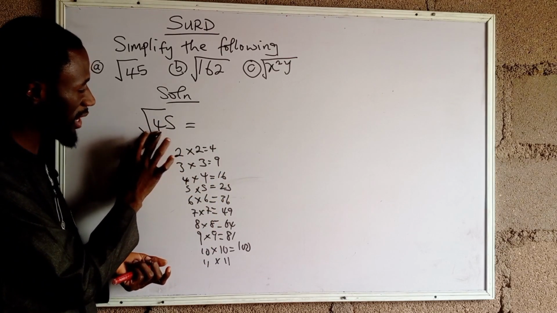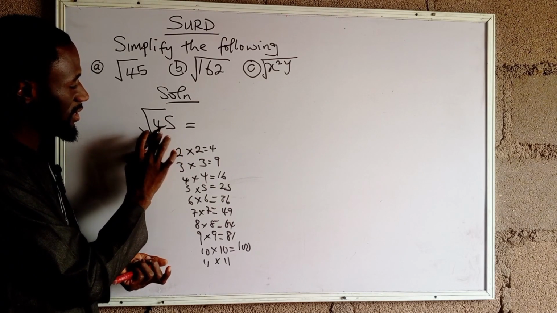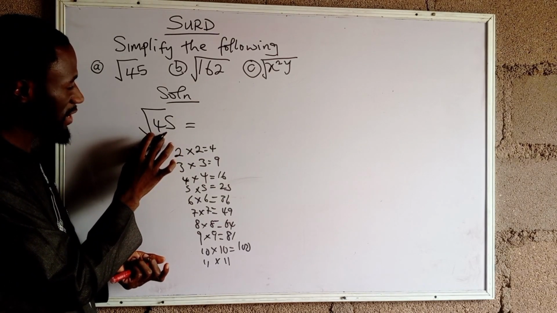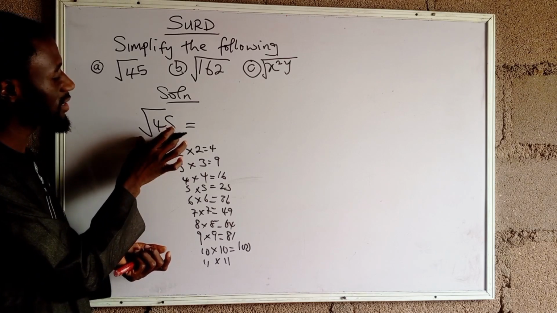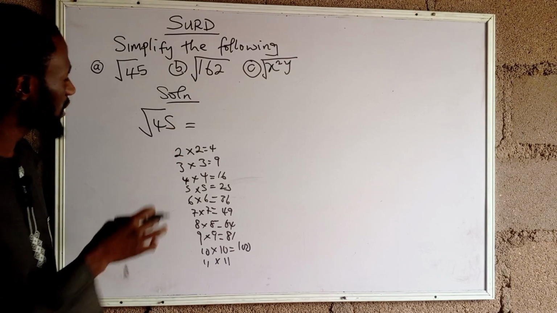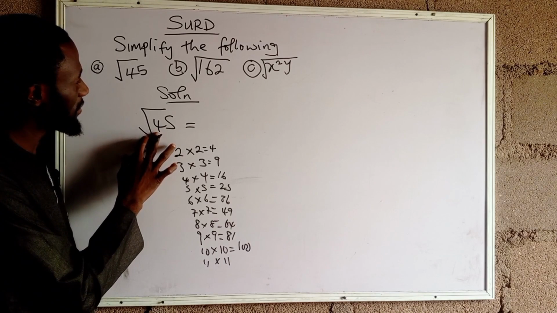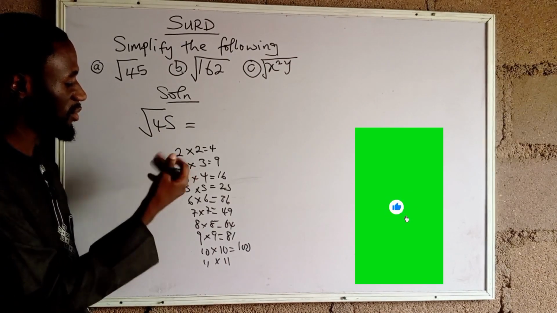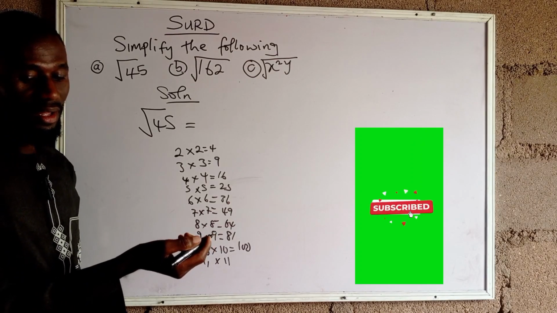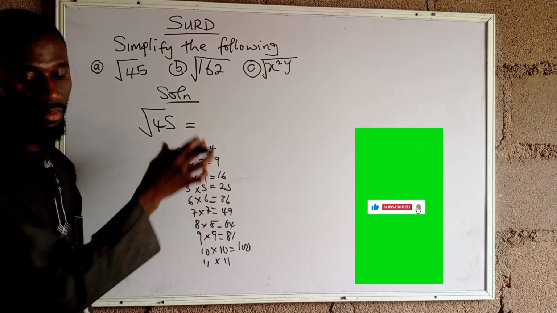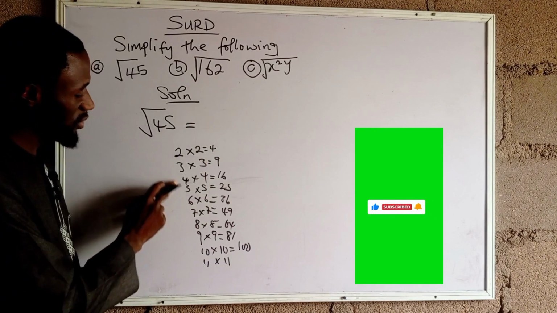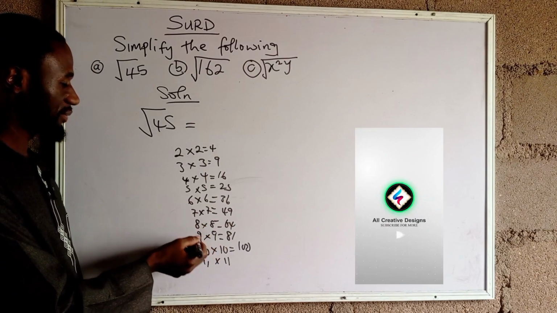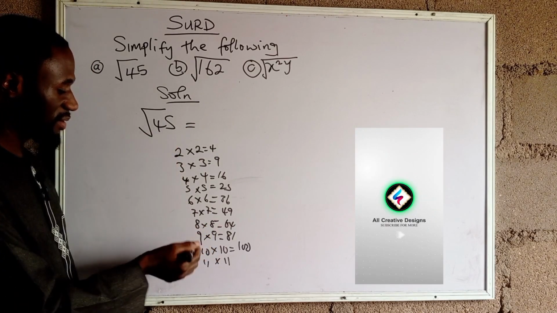Assuming this is root of 45, you are asked to simplify it in short form. If you are simplifying 45, find two numbers, one of which must be a perfect square. Let's look at the perfect square number that we can multiply to get 45.